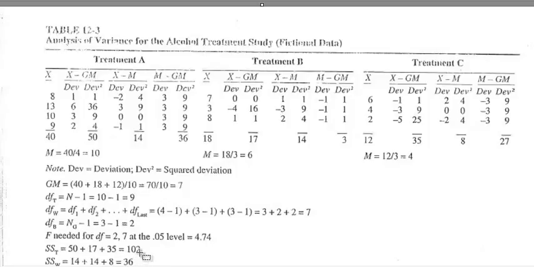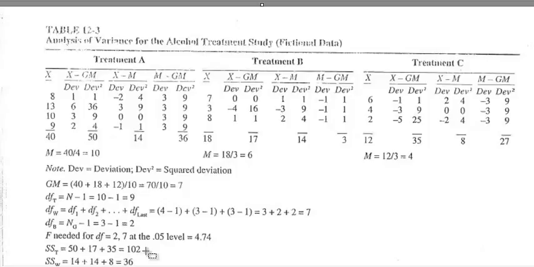Another reason that we have a sums of squared deviations that is not 0 is because we have variability in how subjects are performing within groups. That is, their scores might vary a lot around each of the group means.